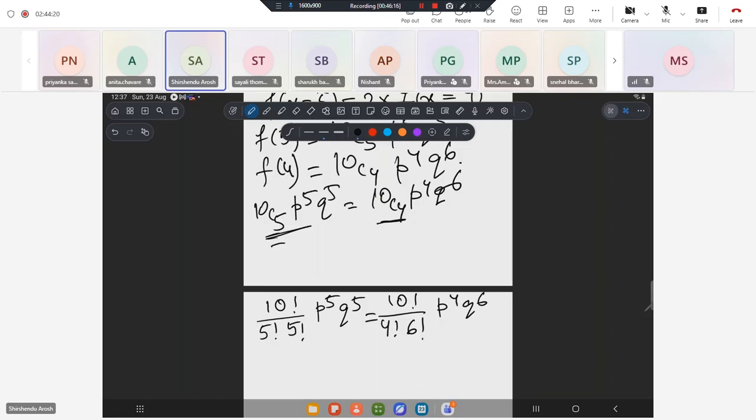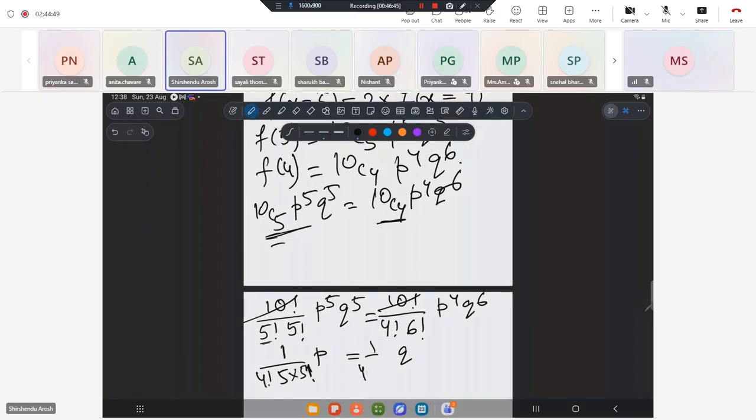Of course, one side it will be p, one side it will be q. So here 5 factorial means 1 by 4 factorial divided by 5, and 5 factorial is there.